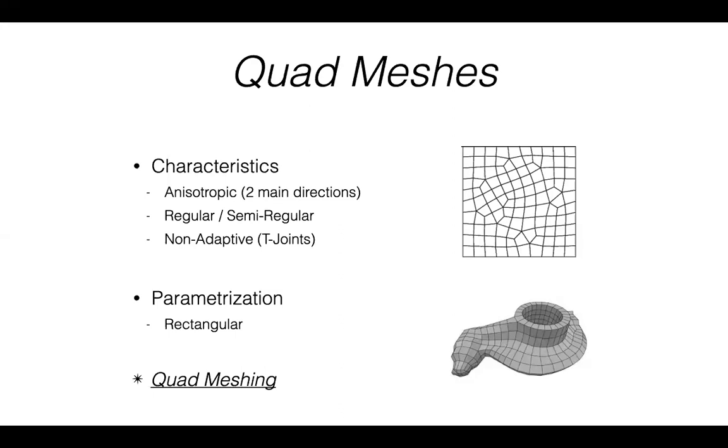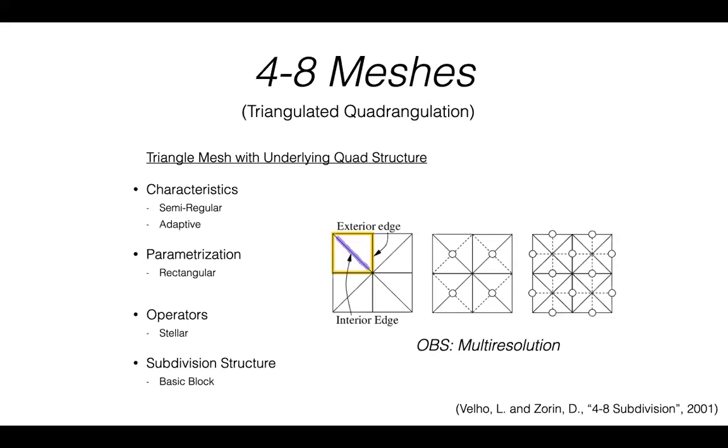But if you want the adaptation, then you can resort to this triangulated quadrangulation that combines the best of quadrilateral meshes with triangulations. And this 4-8 mesh, if you remember, is a semi-regular tiling of the plane, because the vertices here have valence 4 or 8. And any mesh can be represented by a 4-8 mesh with some extraordinary vertices.